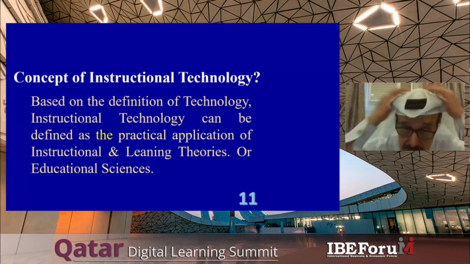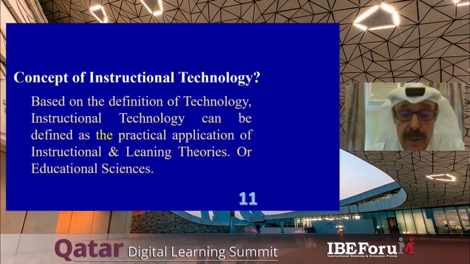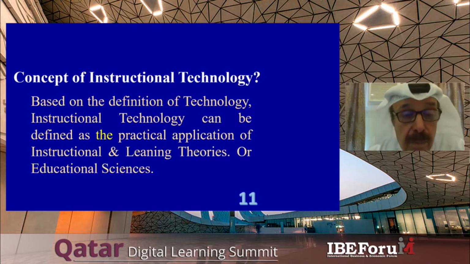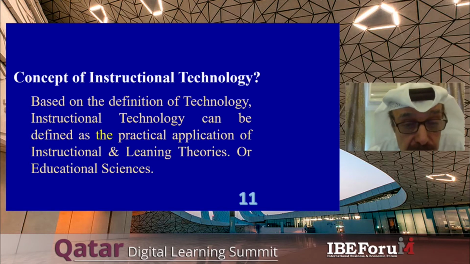In any teaching situation and teaching class, or educational science. So educational science is there. All the theories of instruction or learning should be behind any use of technology in education. So instructional technology, which somebody also calls educational technology, is actually based on theories.